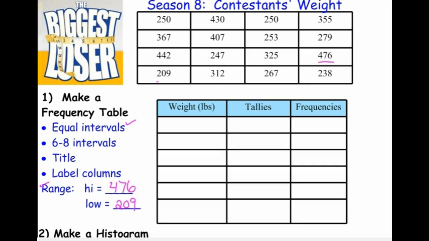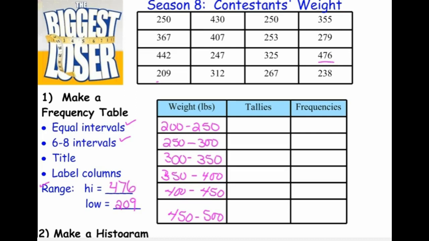And I want to do this in about 6 to 8 intervals. So I figure I have 300, maybe I'll go by 50s then. So I'm going to go 200 to 250 pounds, 250 to 300, 300 to 350, 350 to 400, 400 to 450, and then my final category or interval will be 450 up to 500.